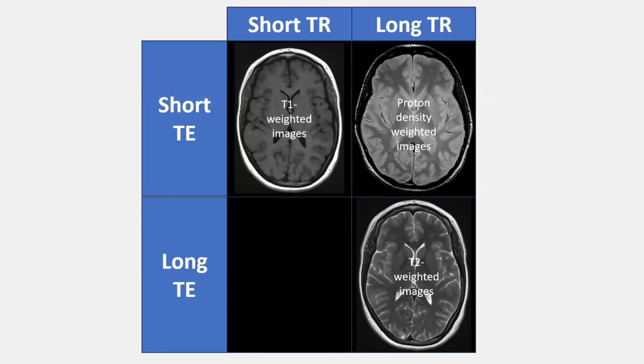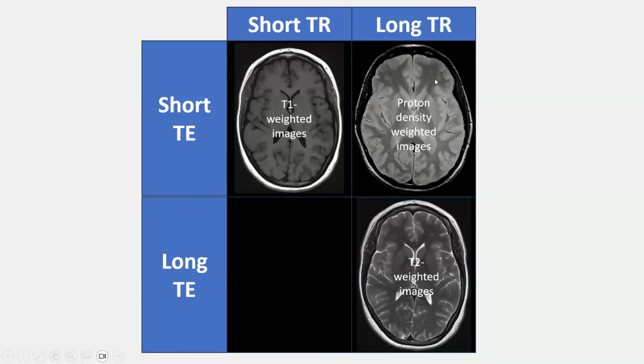If we use a short echo time, almost all magnetization of any tissue will still be in the transverse plane and still be strong in the transverse plane. So the difference in contrast between tissues will not be determined by the T2 relaxation values. What then determines the image contrast in this image? Well, basically the number of protons, and that's why we call them proton density images.